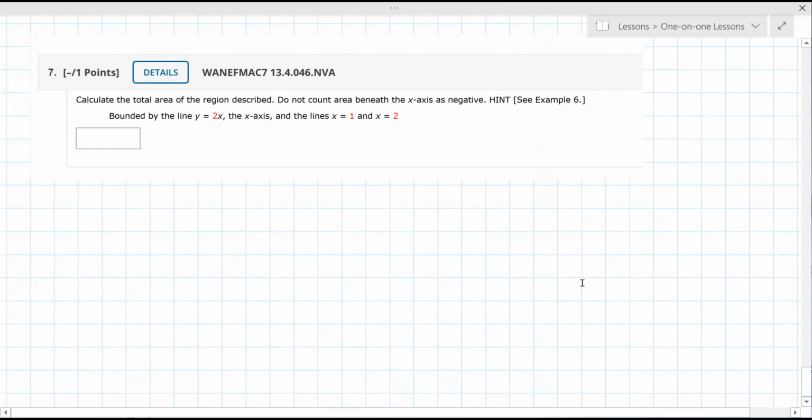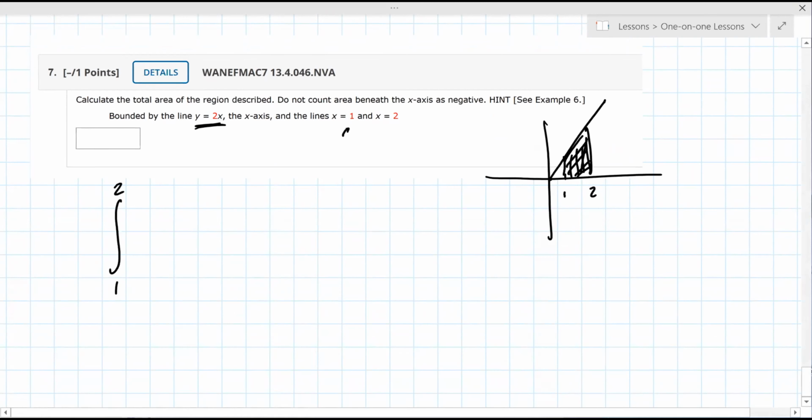If you were doing this problem for a grade, other than homework, you definitely want to sketch the graph of y equals 2x. You'd say, oh, it goes like that from 1 to 2, and you'd realize you're finding that area right there. Now that you're in calculus, you know that to find that area, your limits go from a to b.